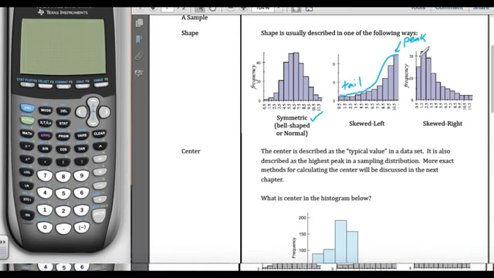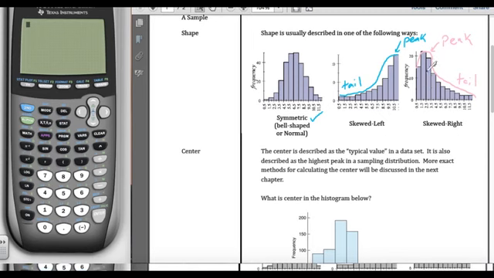Our third way that we could describe a graph for this class would be skewed to the right. This histogram on the right-hand side is skewed to the right. I've got my highest peak on the left-hand side of the display, and I have this long tail on the right-hand side. It's skewed right.